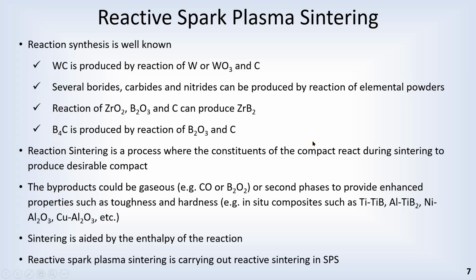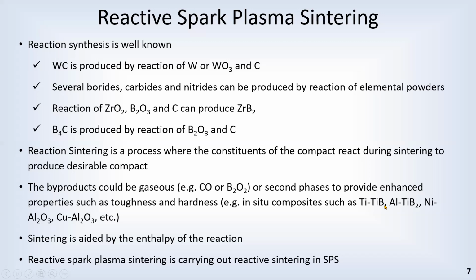Reaction sintering is basically a process where the constituents of the compact react during sintering to form the desirable compact. For example, you take the constituents for forming a gas. Byproducts in this could be gaseous, or there could be solid second phases, which could be helpful.